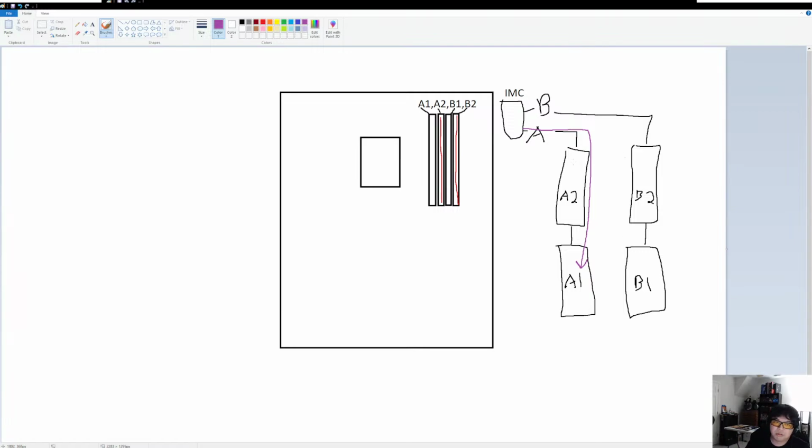And because A2 is just a bunch of empty open space with nothing there, it's going to require way more strain on the IMC to push through all of that open circuit and just bypass all of that. So either it's not going to work, you won't get a post, and you're going to think your motherboard's defective, or it will work because the motherboard manufacturer has some kind of extra traces in here that basically feed the signal over to A1, and it's somehow able to get the signal.